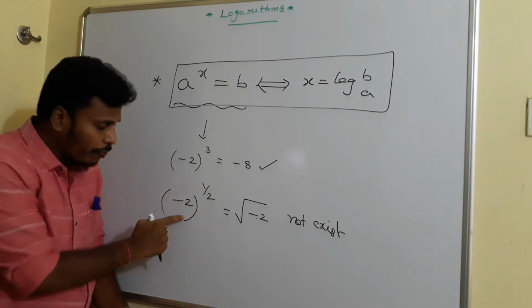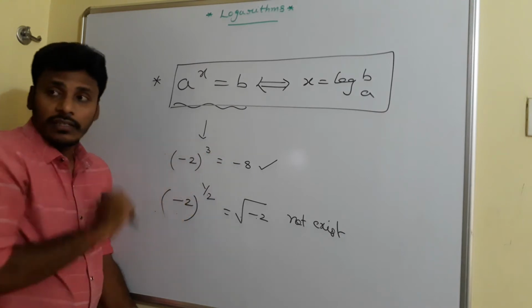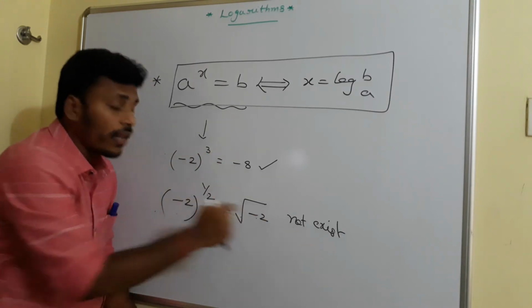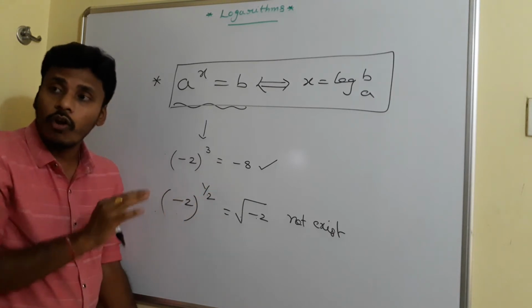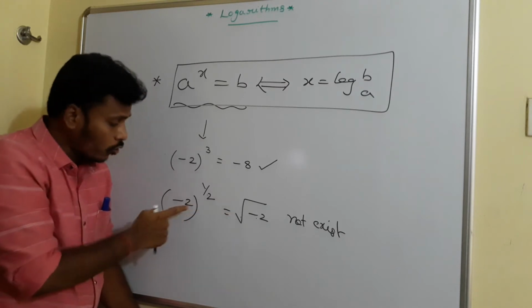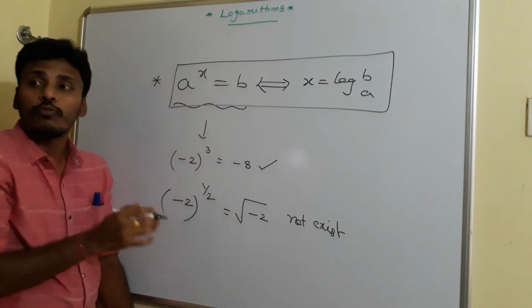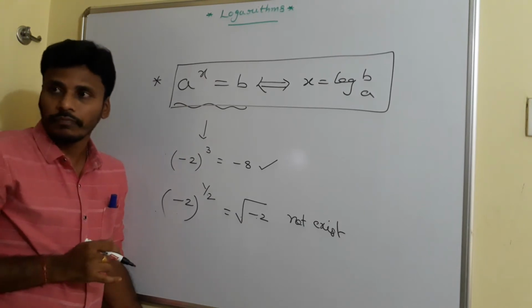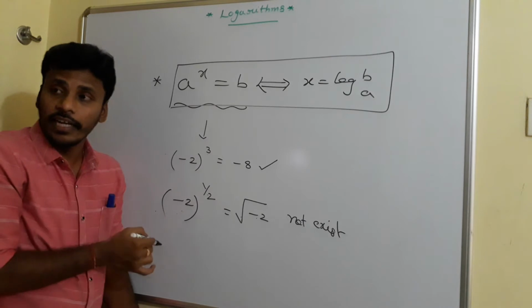If the base is negative, sometimes the value exists and sometimes it does not exist. Under the square root, negative values are not allowed. So if the base is negative, a power x is equal to b is a meaningless thing. There is no meaning for a power x if that a is negative.